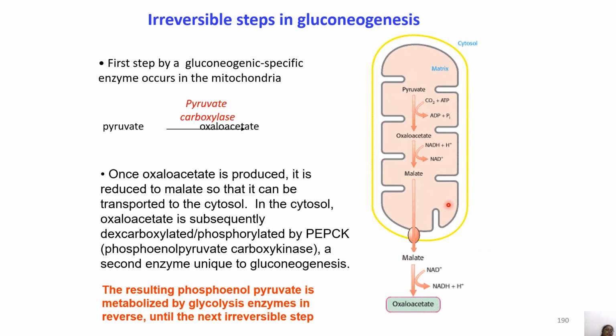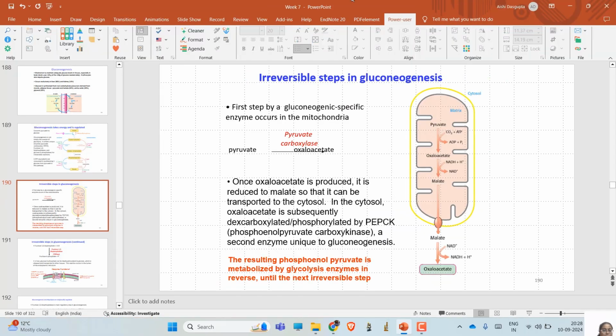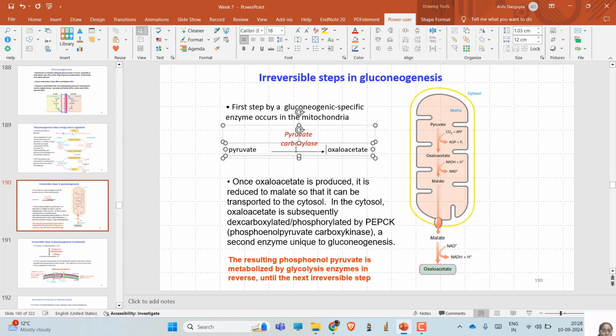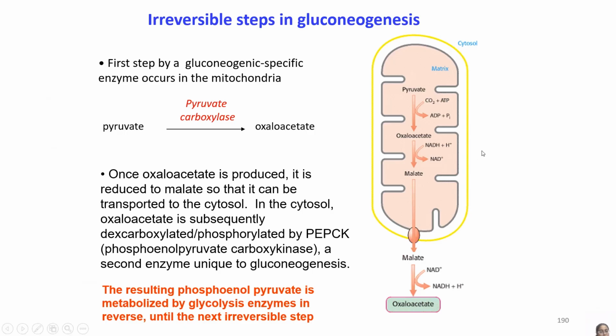Now the irreversible steps of gluconeogenesis. The first step, by a gluconeogenesis-specific enzyme, occurs in the mitochondria. Pyruvate gets converted to oxaloacetate in the presence of pyruvate carboxylase. Once oxaloacetate is produced, it is reduced to malate so that it can be transported to the cytosol.